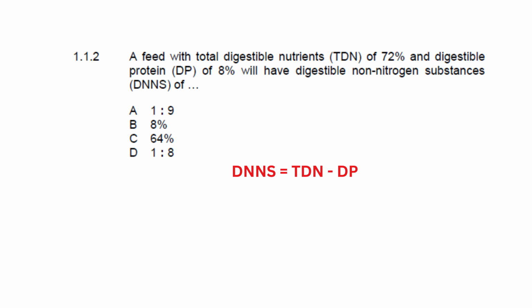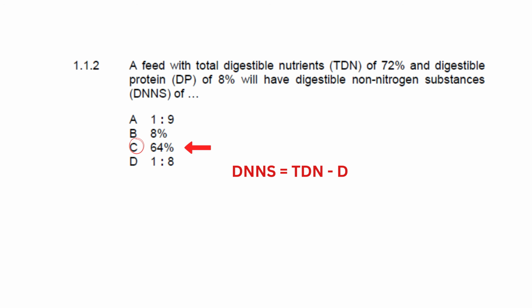So it's those two, TDN minus DP. You are given 72 minus 8, as simple as that. The correct answer is C, because 72 minus 8 is 64. These are the digestible carbohydrates and fats.